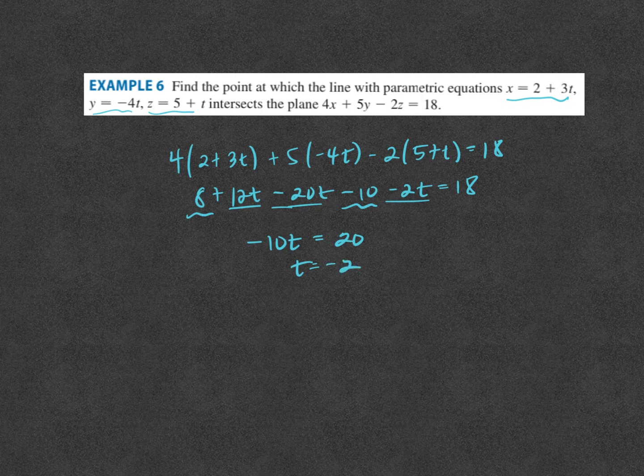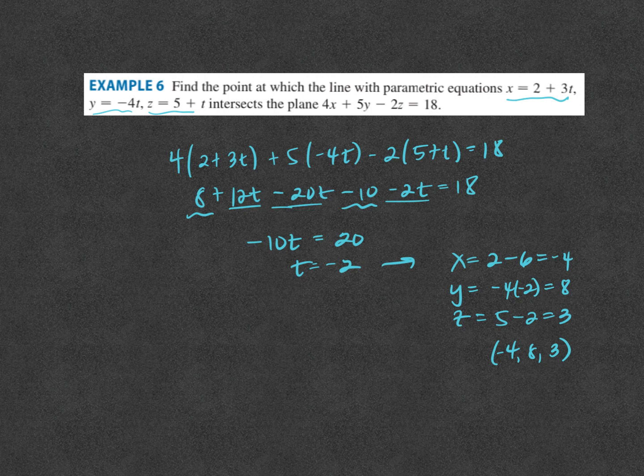Now if I plug that into each of my parametric equations, then x equals 2 minus 6, which is -4, y equals -4 times -2, which is +8, and z equals 5 plus -2, which is 3. So the point is -4, 8, 3. That is the point where the parametric equations intersect the plane. Not a bad problem. It's pretty easy, pretty fun.